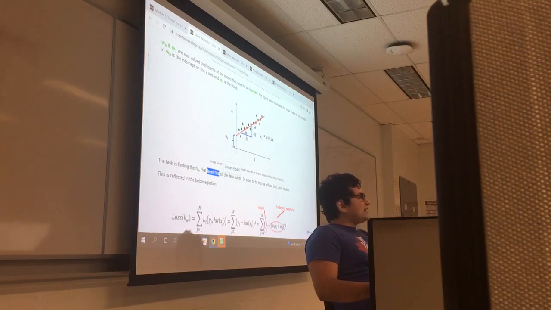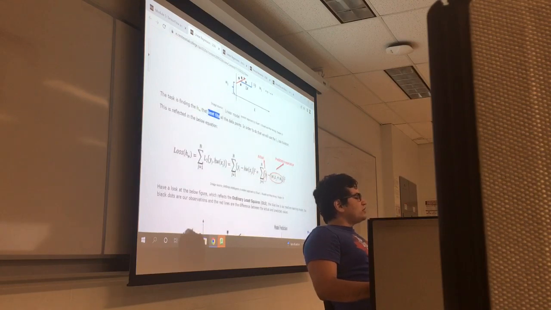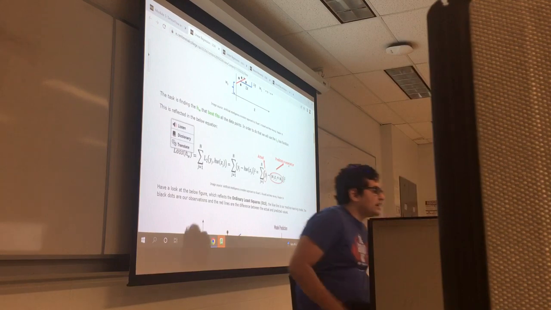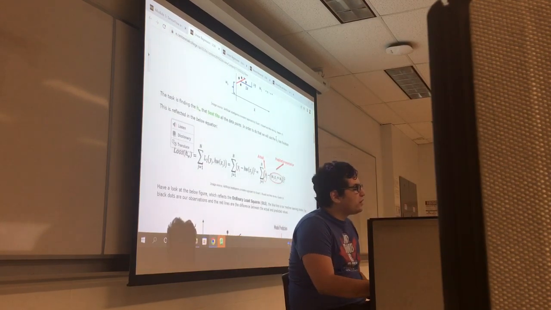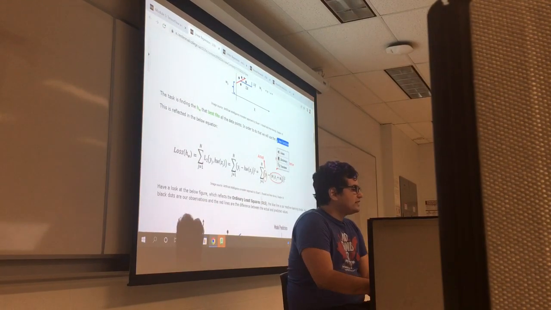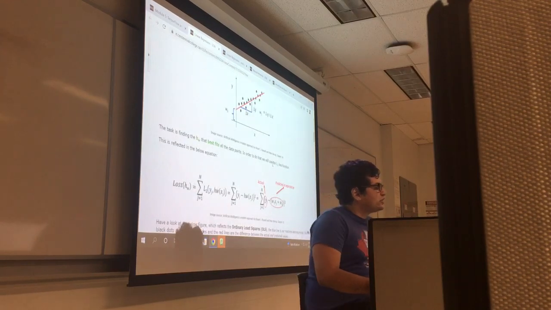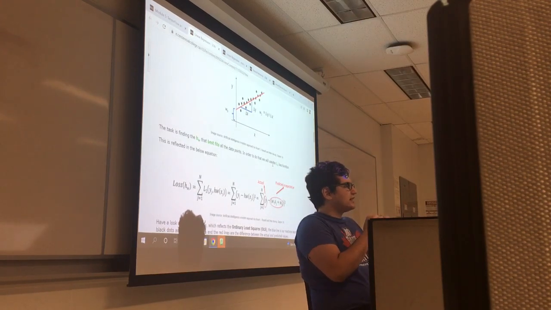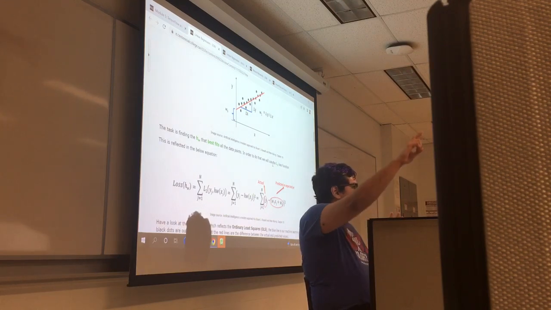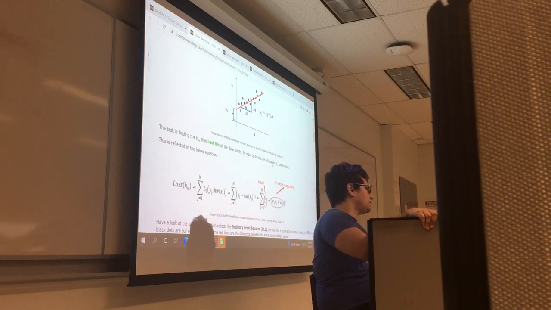In order to do that, we need to know what is error and what is not error, right? So they came up with this equation here. This is what we call the loss function, okay? And what this equation does is define the amount of error that our prediction, our line, has according to the data points from reality, okay?